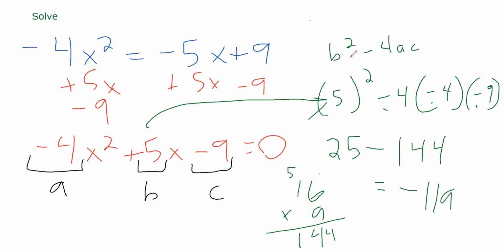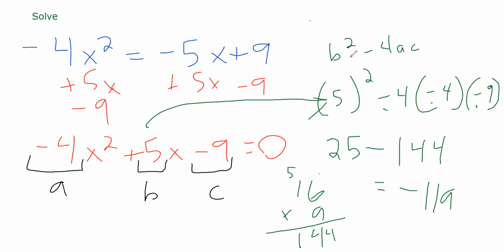If we try out the mental math a little bit. So we get a discriminant that's negative. We get negative 119 as a discriminant. That's not too horribly pretty, but that's life sometimes.